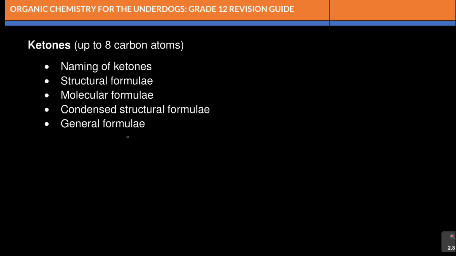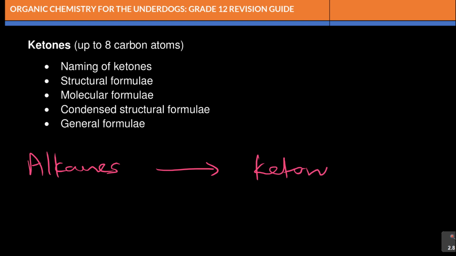Again, we are moving from alkanes to ketones. Let's say alkane to ketone. Now the ANE of the alkane is the ONE of ketones.